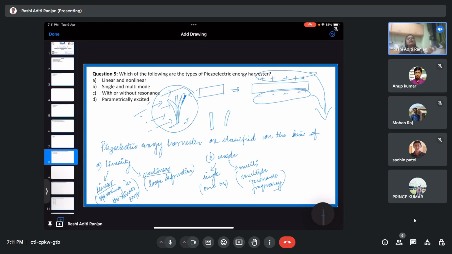So in that case, I'll design my piezoelectric energy harvester as a non-linear multi-mode with internal resonance and randomly excited type of piezoelectric energy harvester. I hope that this is clear. So in this case, first option is correct, second option is correct, fourth is correct. This should also be correct. Here I have missed writing internal.